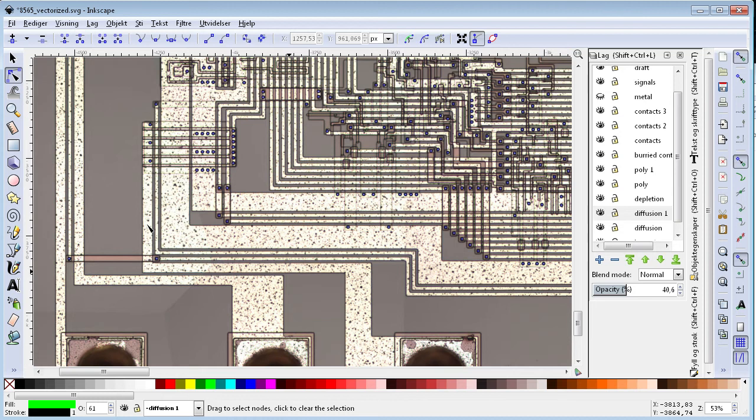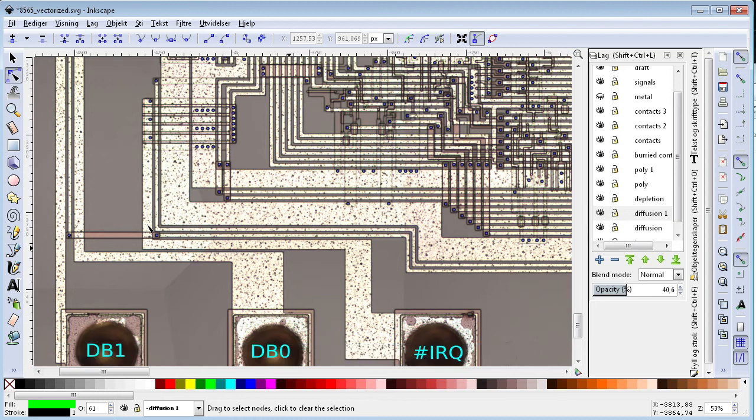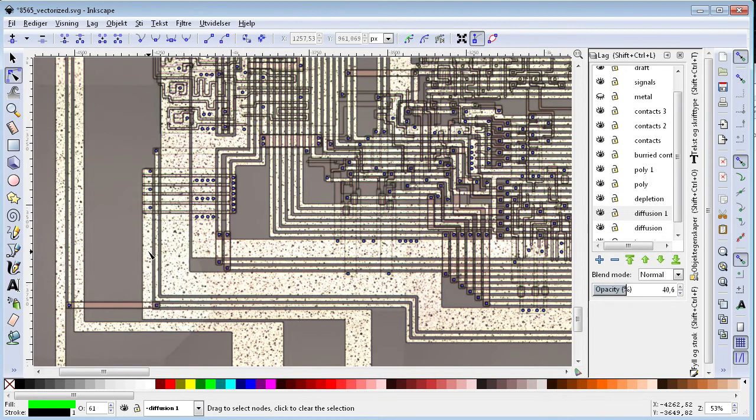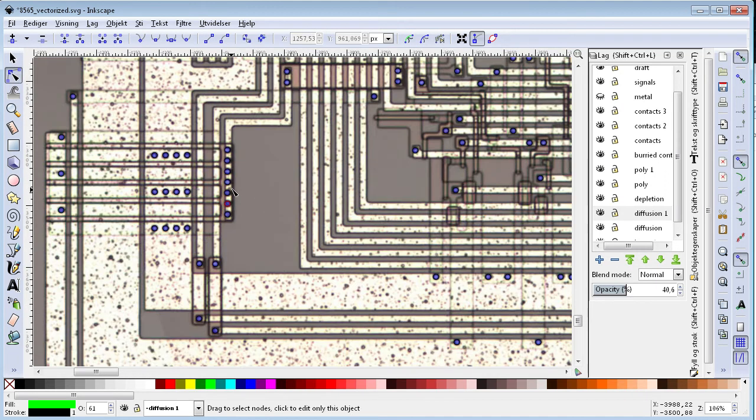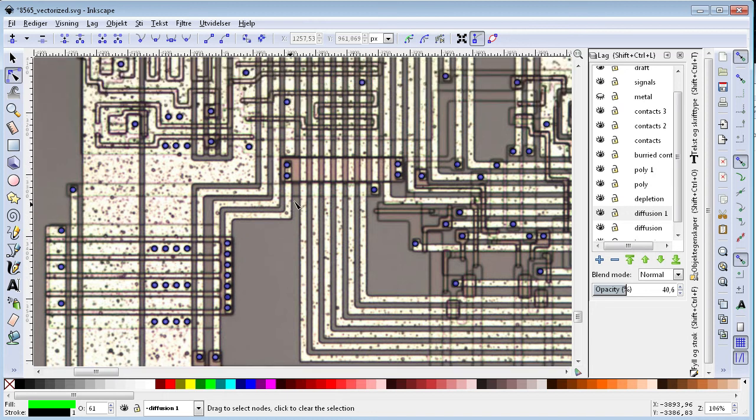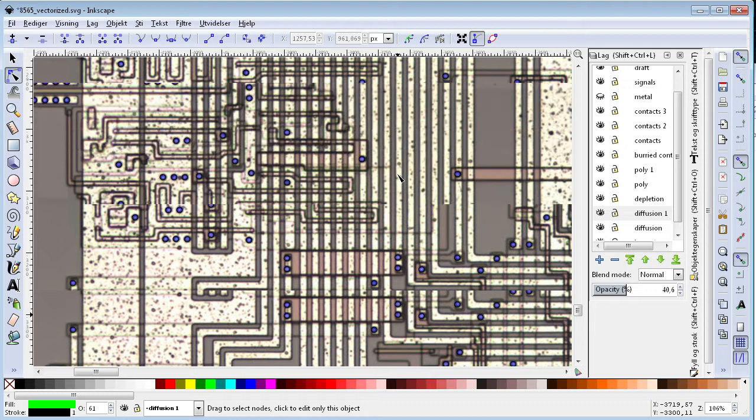And remember, the VIC is supposed to drive this one to tell the CPU something. It's not the CPU driving this one, so yep, this is the driver, so that's correct. And you can see the gate is here, so let's follow that one. It stops up here and it's via over here.